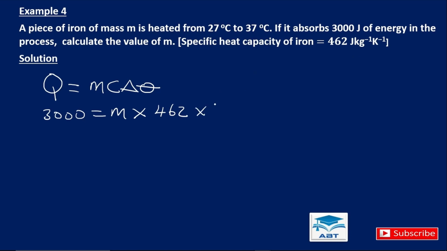And now the temperature change. The final temperature is 37 degrees Celsius minus 27 degrees Celsius. So we have 3000 is equal to mass times 462 times, now 37 minus 27 is equal to 10.